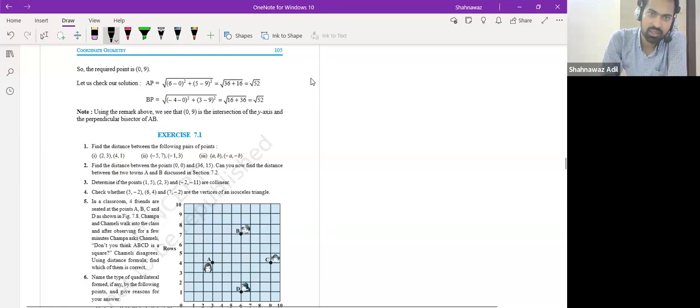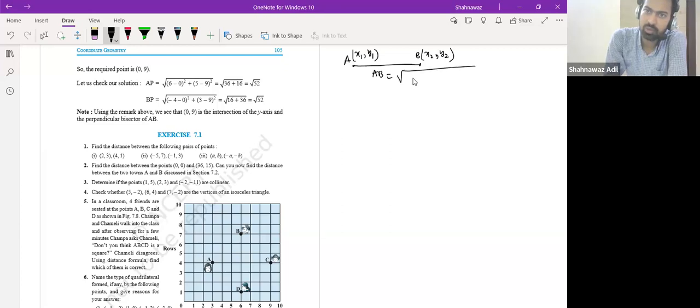Let's say that we have point A, this is x1, y1, and point B, x2, y2. So AB is root of x2 minus x1 square plus y2 minus y1 square. This is the distance between two points.